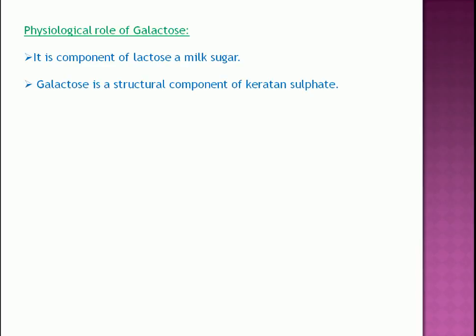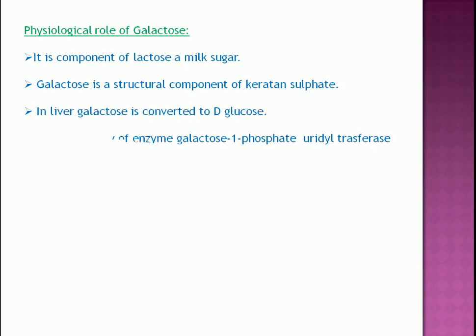Physiological role of galactose: it is a component of lactose in milk, hence it is named milk sugar. Galactose is a structural component of keratan sulfate, a mucopolysaccharide. In the liver, galactose is converted to D-glucose.